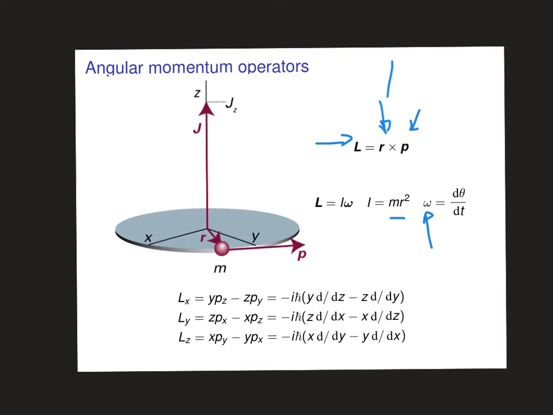Then if you want to see how this vector product operation works, you have to look at the components which are down here. Each component of the angular momentum is related to the momentum and position in the following way. We went through a quick way of remembering this formula.